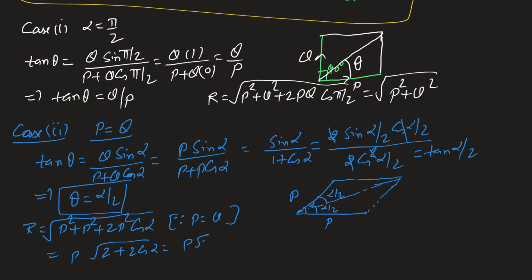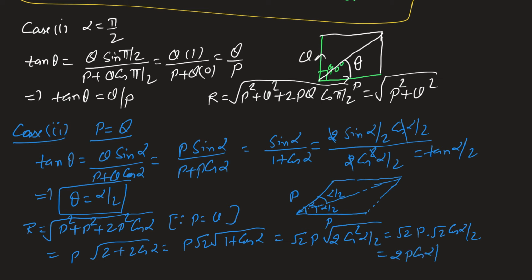So P root 2 into 1 plus cos alpha, root 2 P into 2 cos square alpha by 2, root 2 P root 2 cos alpha by 2, 2P cos alpha by 2.